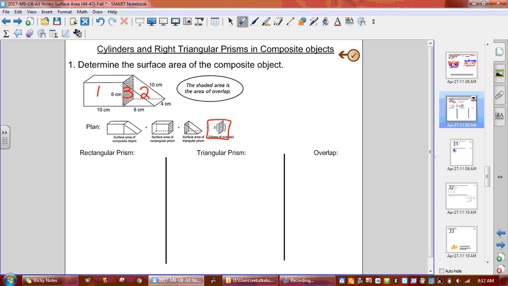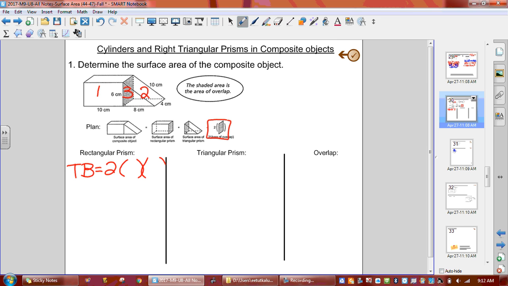So we're going to do the rectangular prism first. Whenever we have a rectangular prism, that's object 1, that's pretty much a Kleenex box. So basically what we're doing is we're finding the surface area of a Kleenex box. So whenever we've got one of these, we have top, bottom, which is 2 sides times length times width, LW.